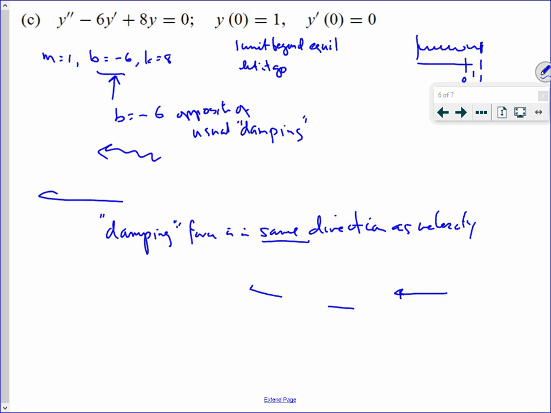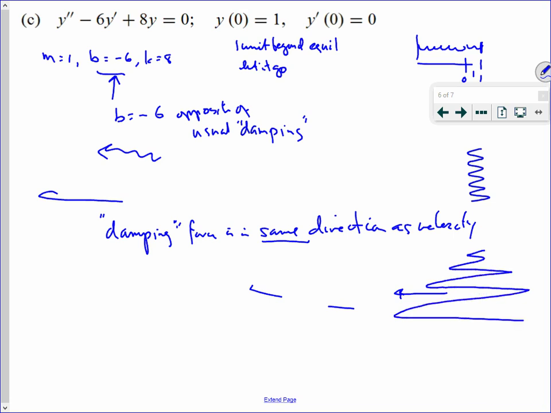At some point it might override the spring constant, but instead of just going back and forth the same amount if there isn't any kind of damping, this is actually going to push it maybe like that, maybe even worse. Okay.